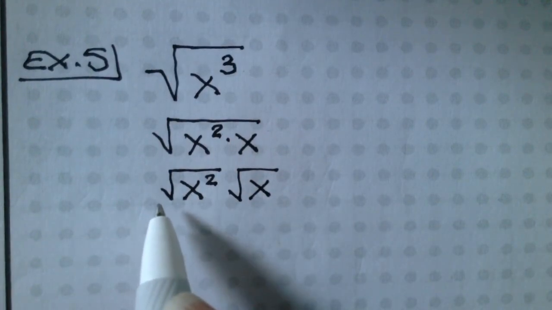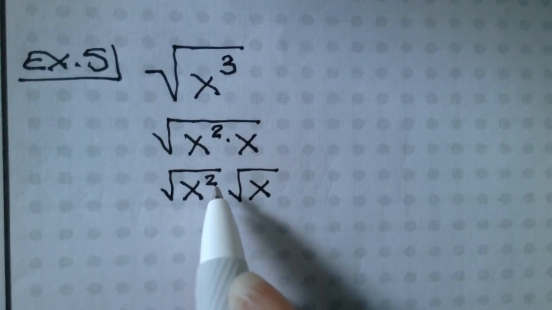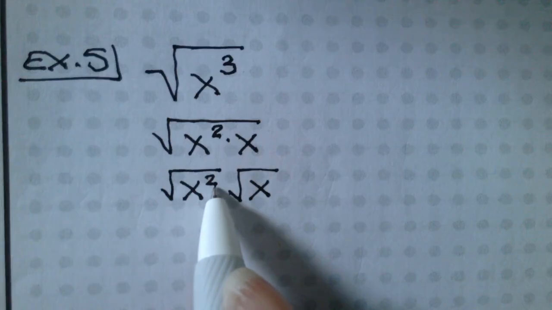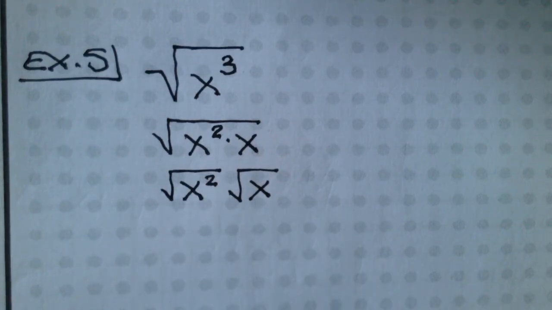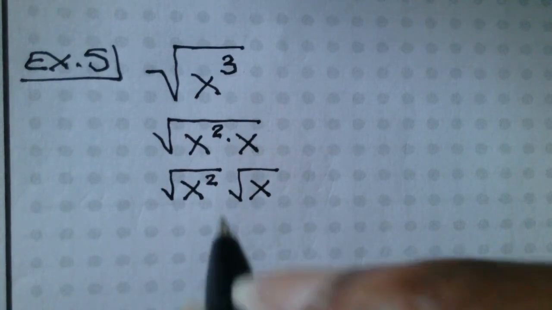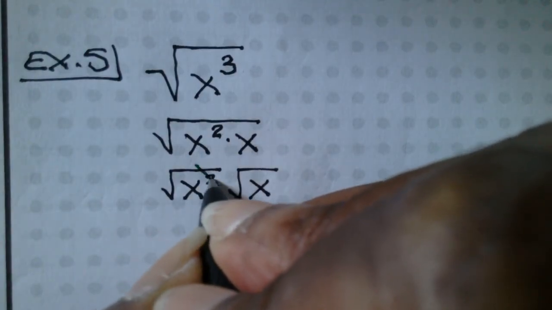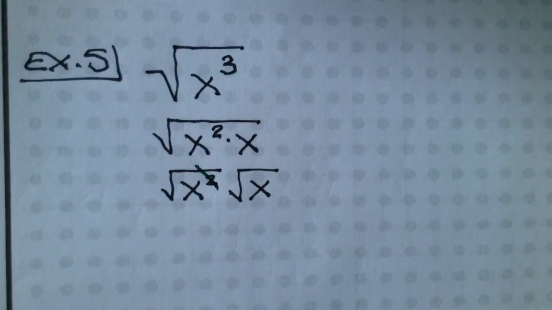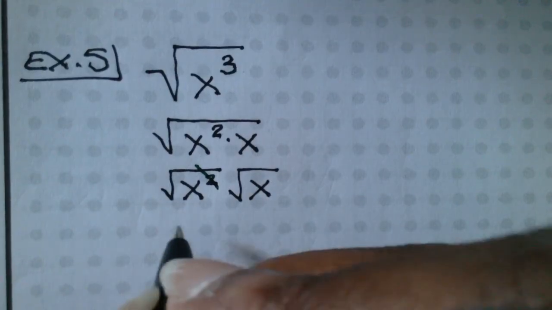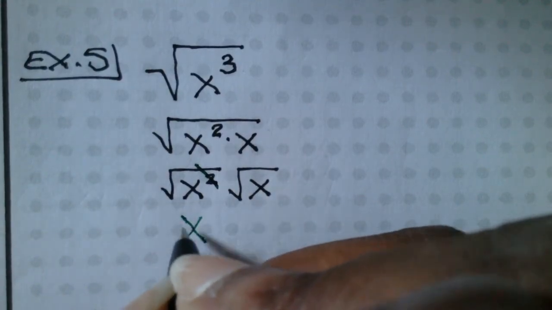Here you can see the inverse happening. A square and a square root are opposites, so they basically cancel each other out. What's left over is just the x.